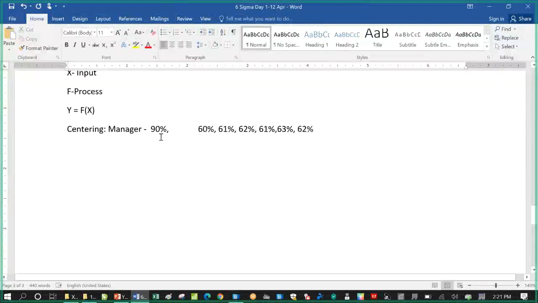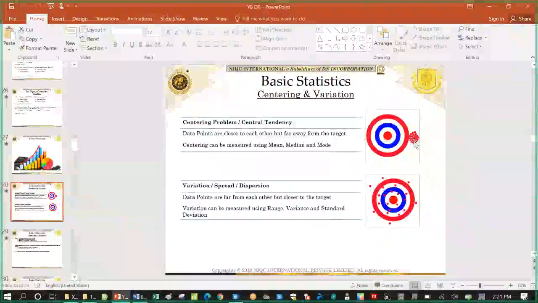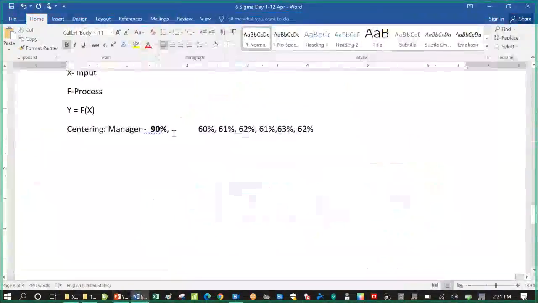So looking at this data, what do you see? You will see that this is your target. This is what your team performance is. All of your team members are very close to each other, but they are far from the actual target. They are not meeting target at all.